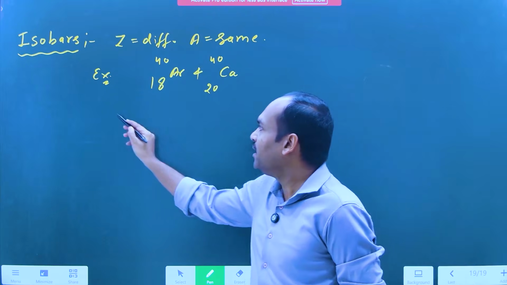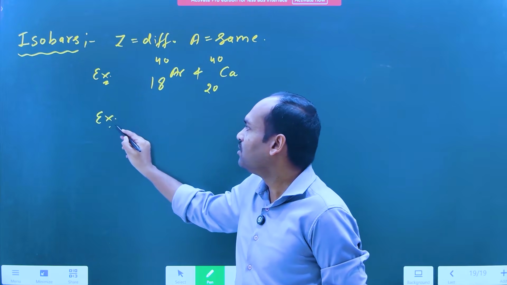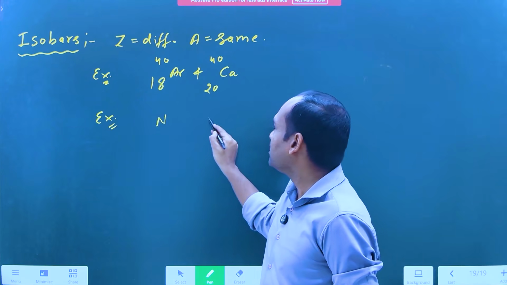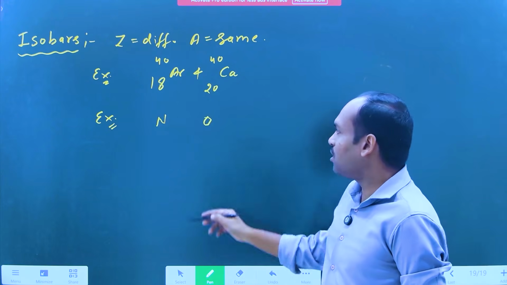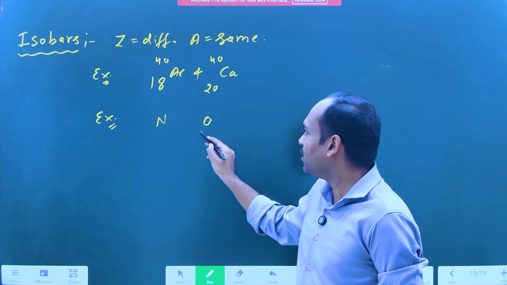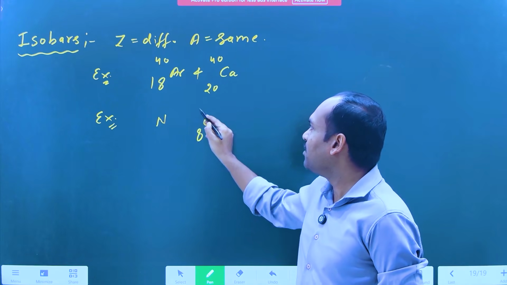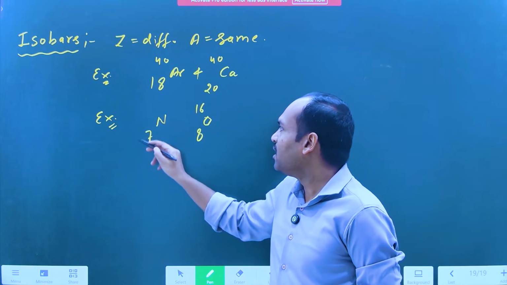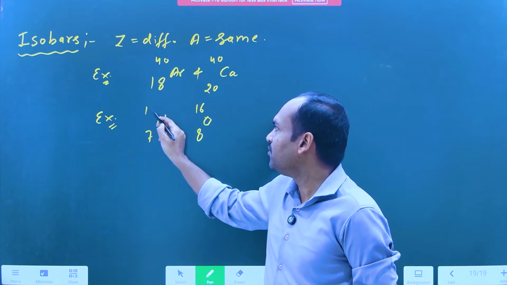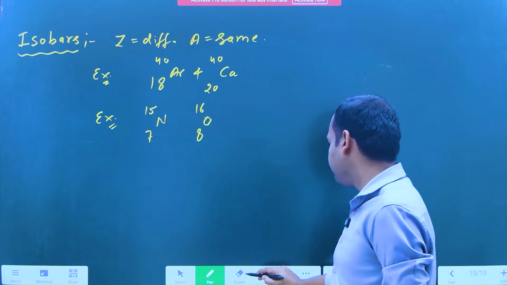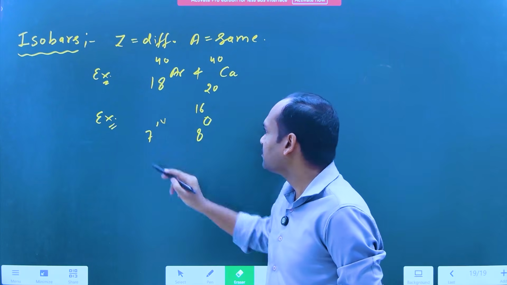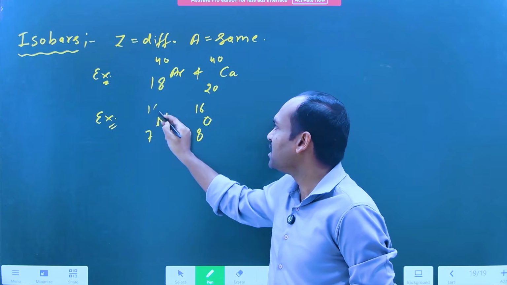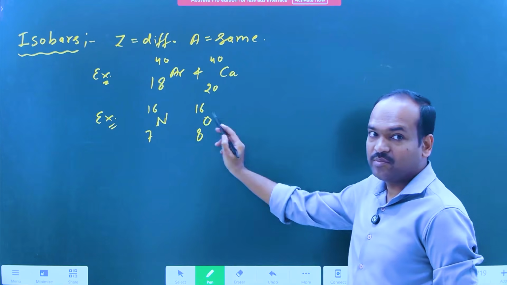Can I take the example of nitrogen or oxygen? Suppose oxygen has atomic number 8 and mass number 16, and nitrogen has atomic number 7 and, not 15, that isotope which has mass number 16.